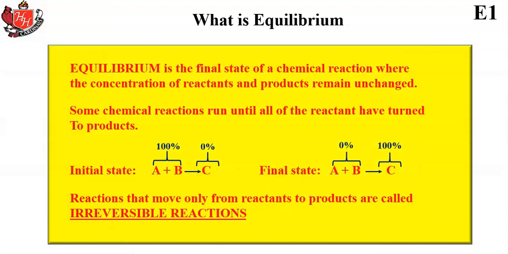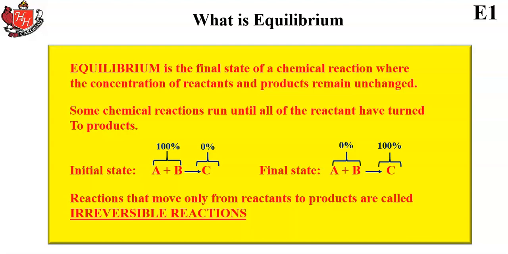Okay, so equilibrium is the final state of a chemical reaction where the concentration of reactants and products remain unchanged. Some chemical reactions run until all of the reactants have turned to products.